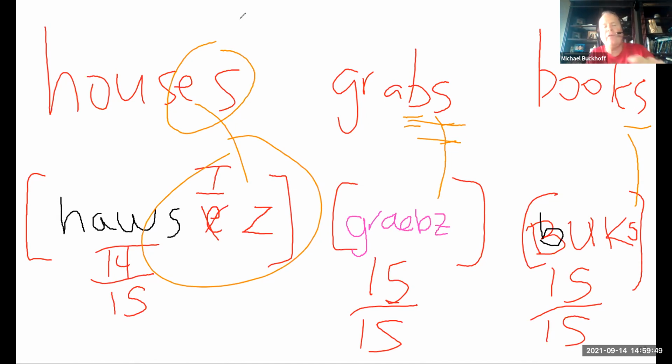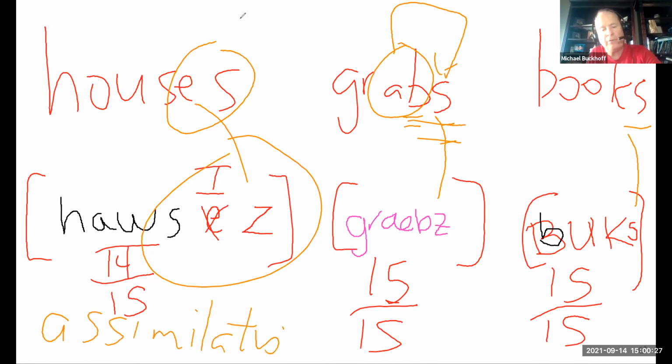So the B influences the S, so it becomes more of a voiced consonant, and that's why it changes into a Z, because a Z is a voiced consonant and S is a voiceless consonant. So the two sounds are becoming similar, and the S is becoming more voiced like the B. And as a student just said, this is happening because of assimilation, the process of how one sound influences another sound so they become more alike. That's a term you need to know for the quiz right there.